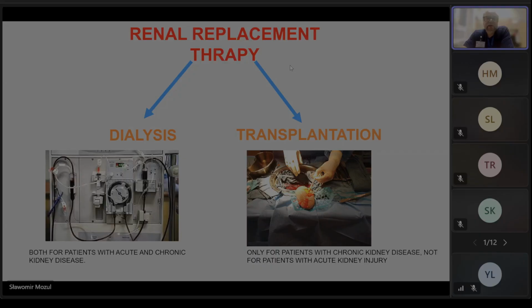Dialysis is used in both acute and chronic kidney failure. These are life-saving procedures. Kidney transplantation, on the other hand, is performed only in cases of end-stage chronic kidney disease.